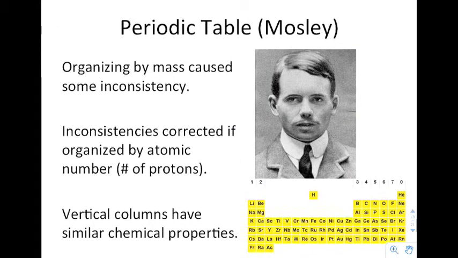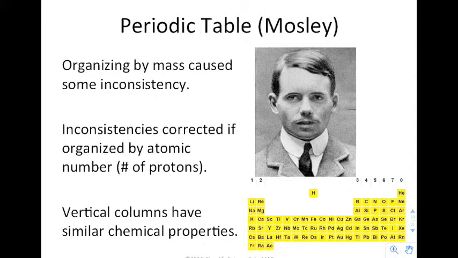Now, we don't use the periodic table of Mendeleev. We actually use something closer to a version of Moseley's. Moseley said, okay, Mendeleev organized it by mass, but whenever you organize it by mass, there are some inconsistencies. So Moseley organized his periodic table by atomic number, which is the number of protons. In doing so, he removed all the inconsistencies in Mendeleev's periodic table.